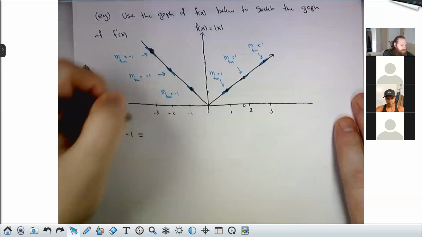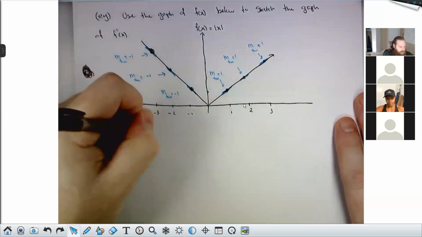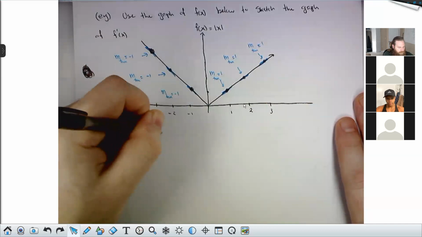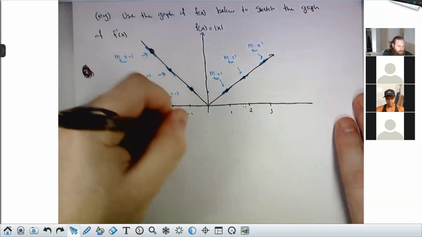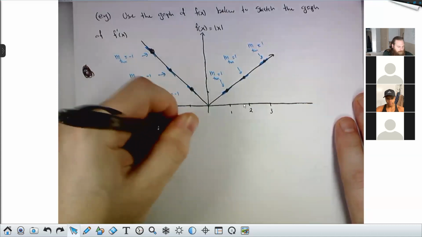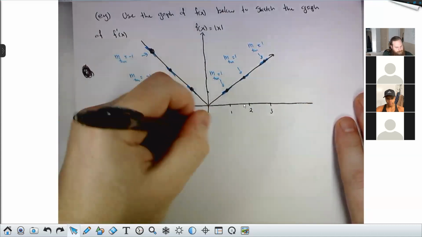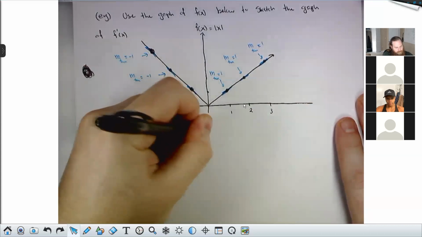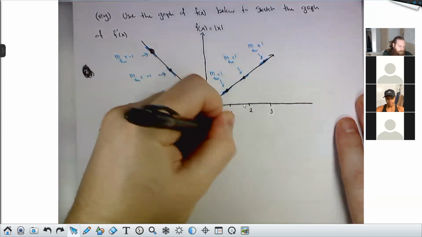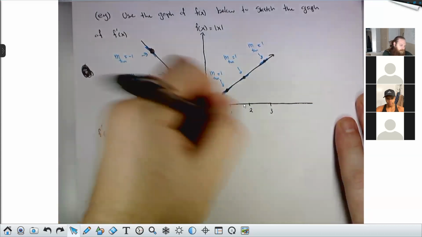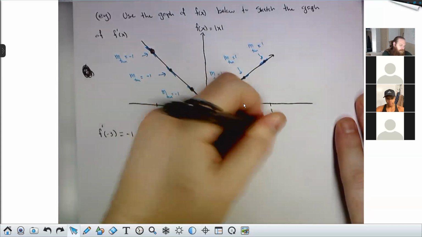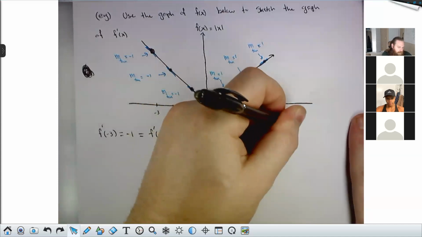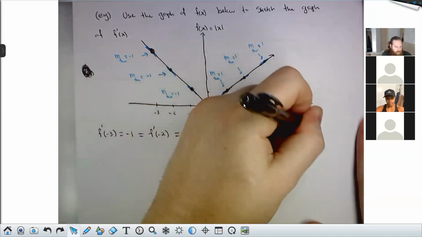And this is the same as the slope of the tangent line at -2. So f primed of -2 would also be that. So is f primed of -1. In fact, f primed of x appears to be -1 for all negative values of x.